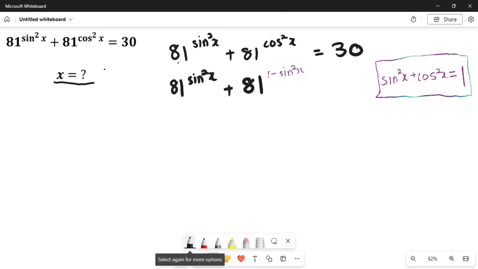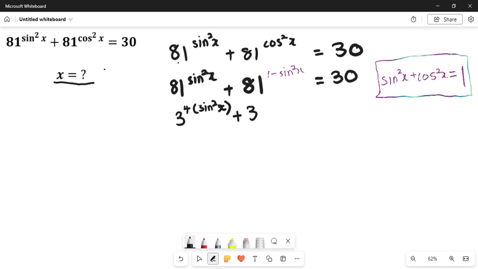Alright, so I can make it all into base 3: 3 to the power of 4 sine square x plus 3 to the power of 4 bracket 1 minus sine square x equals 30.